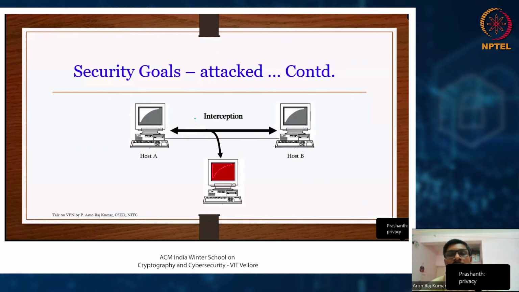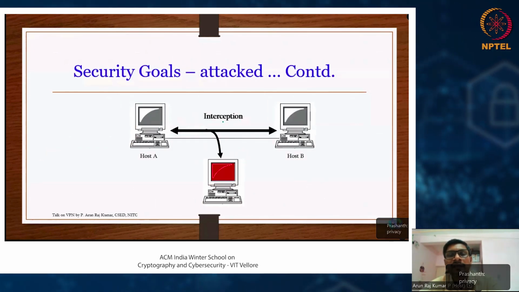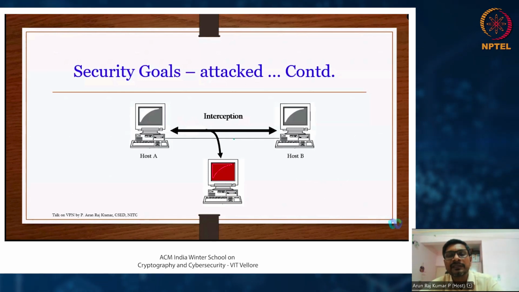All right, so then there is another attack. Somebody is trying to intercept the data that is going on. Suppose A and B are communicating, right?